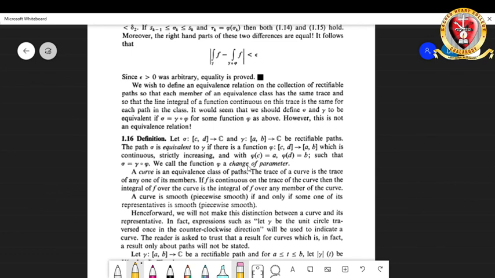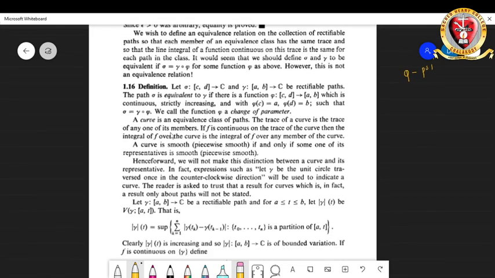And such a function phi is called change of parameter. A curve is nothing but the equivalence class of such paths.